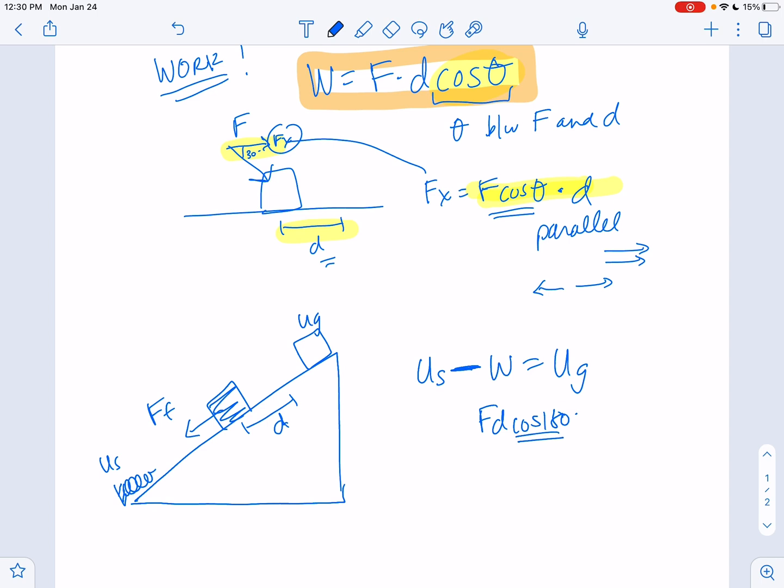Because this cosine 180, from where your D is to where your friction is, that's 180, right? That's going to be the -1. That's why this is negative, okay? So if you've written negative work, you've already preset that into it by thinking about it. You don't use that, okay? I would never use that personally at all. I would just figure it out by looking at it, okay?